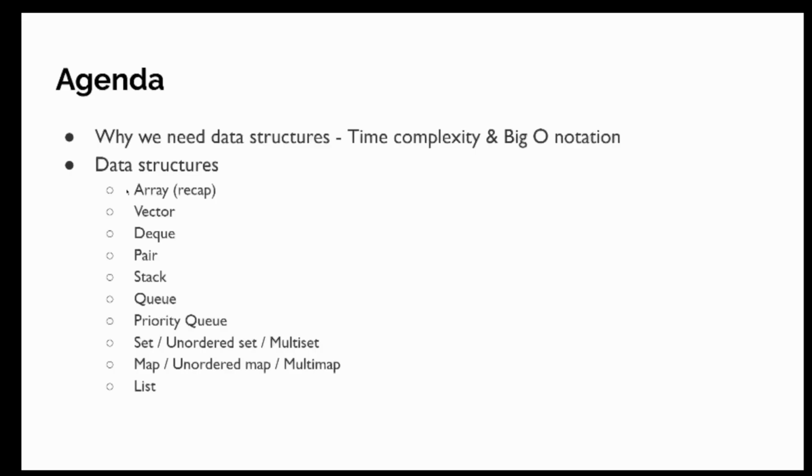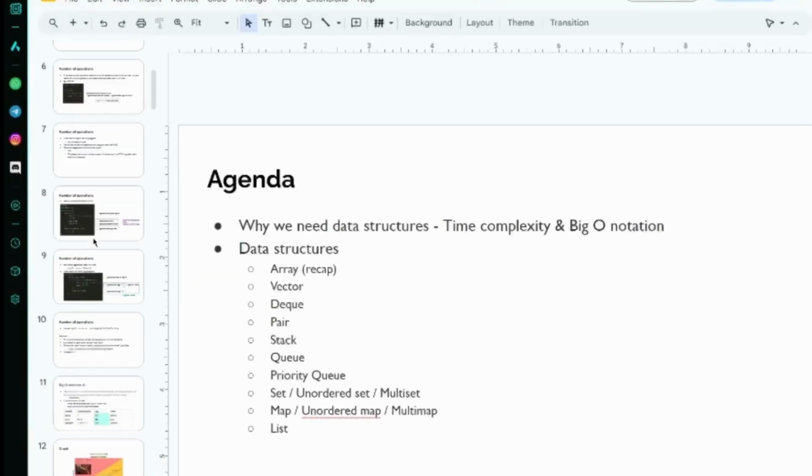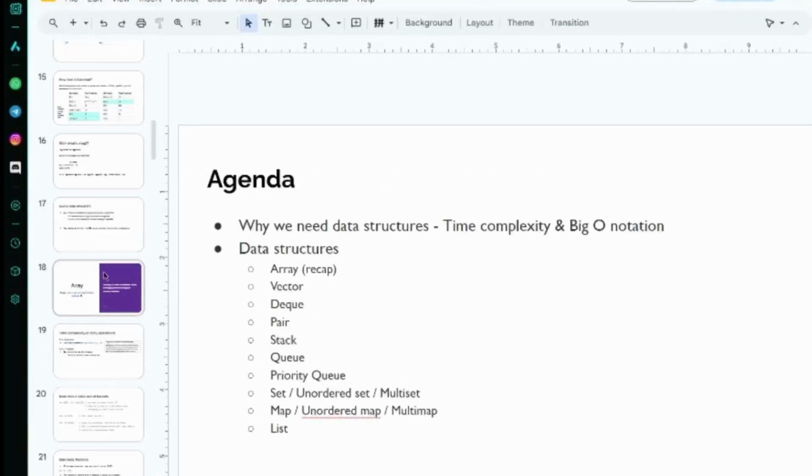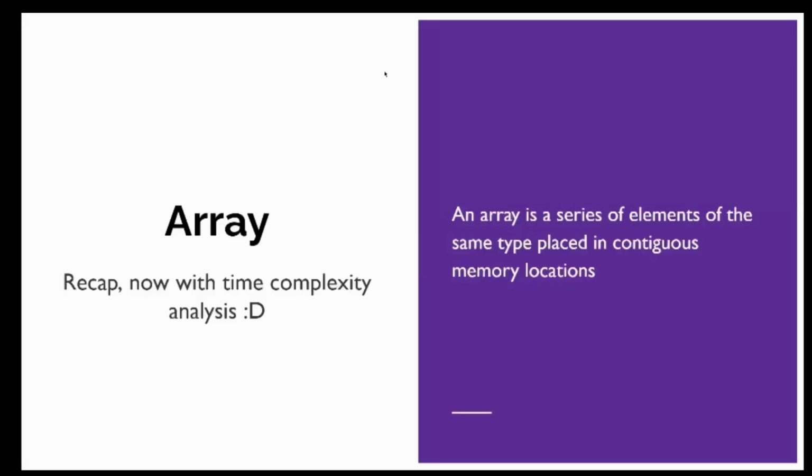It's not like Python where we just have a list, because in Python, accessing a list is actually really, really slow. So in C++, we have data structures which have their own unique way of being used in order to capitalize on their time complexity and how fast we can access and input values. But because of that, it also means that they are very rigid in how we can use them.